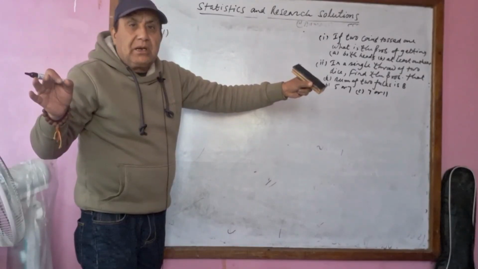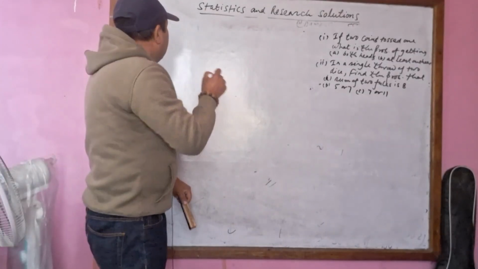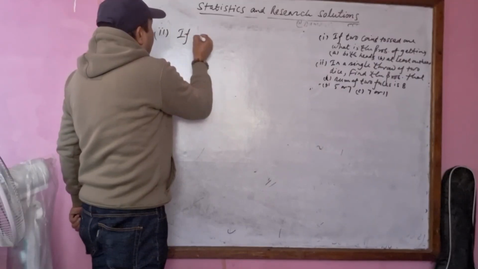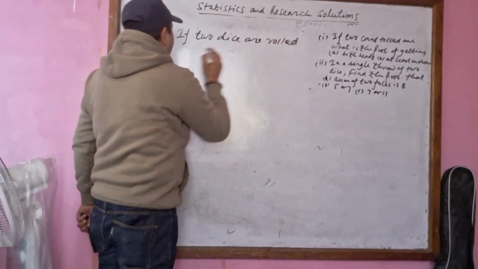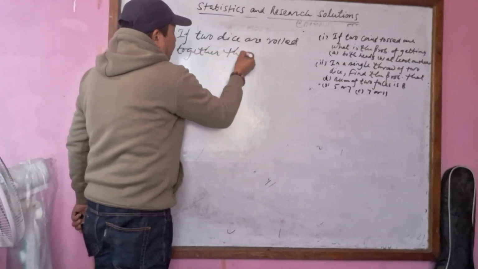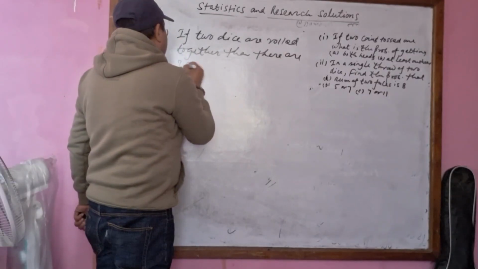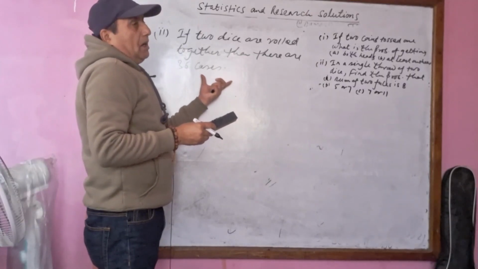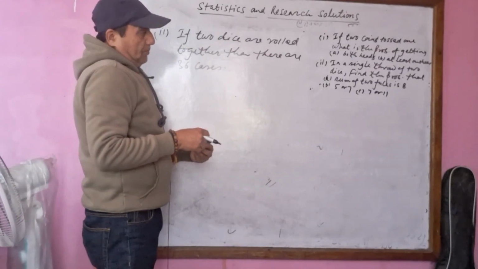So if 2 dice are rolled together, then there are 36 cases, or 36 outcomes.